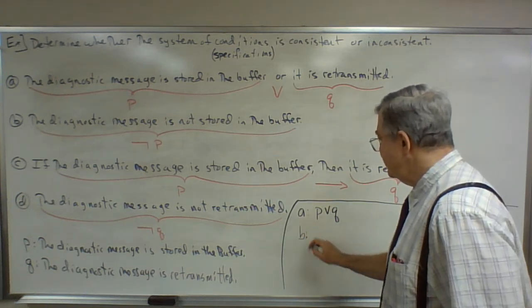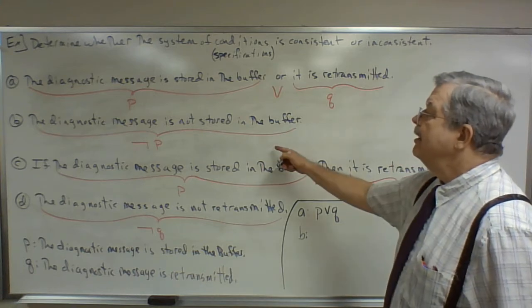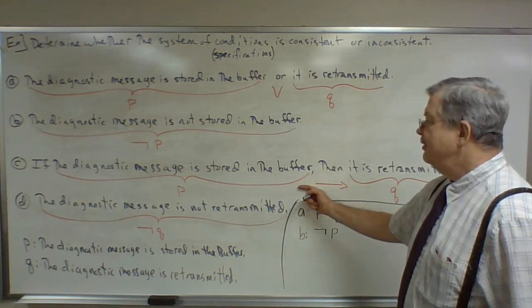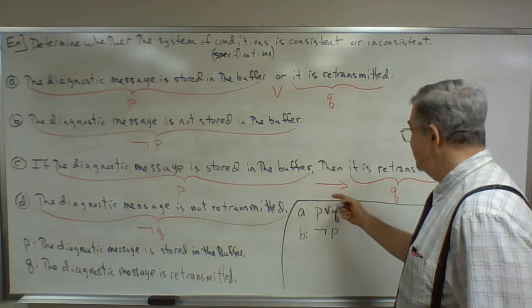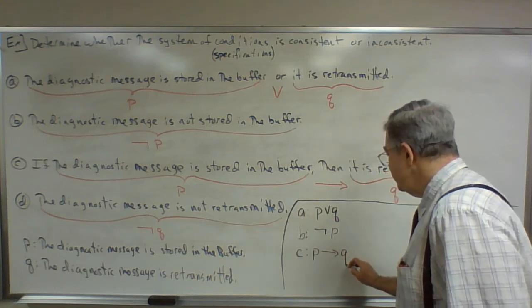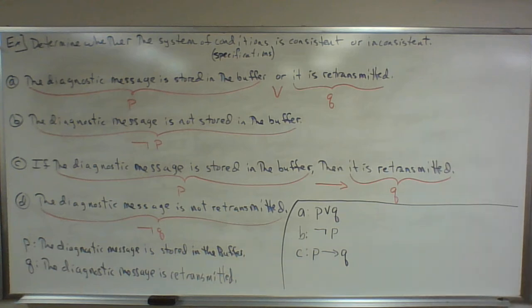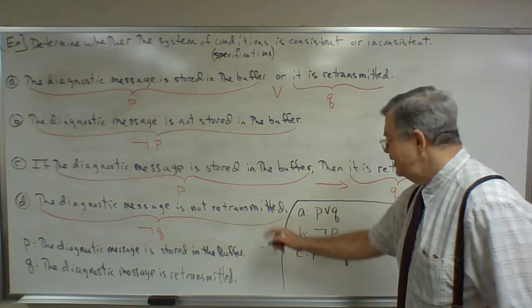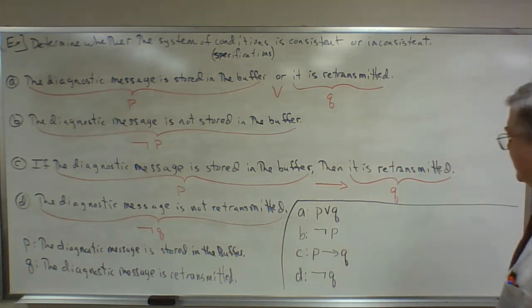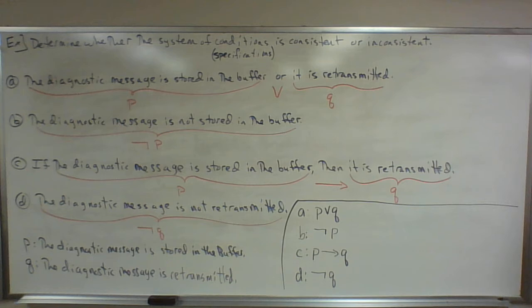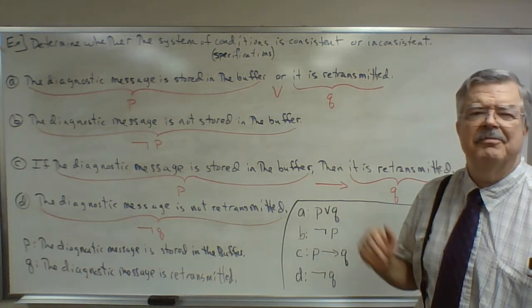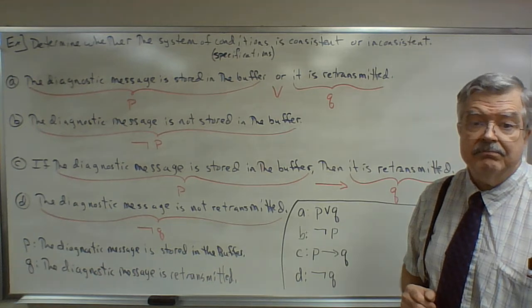And condition or specification B, that's just the negation of P. Condition or specification C is P implies Q, or if P then Q. And then last but not least, specification D is not Q. So I'm going to keep those encapsulated and erase the rest of the board so that we can determine whether this system of conditions or system of specifications is consistent or inconsistent.